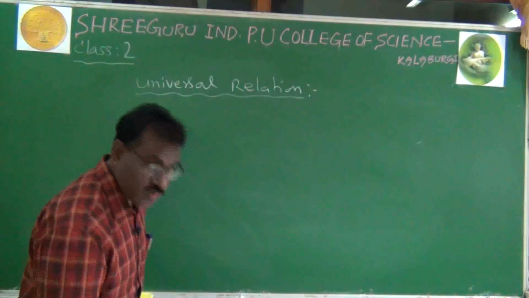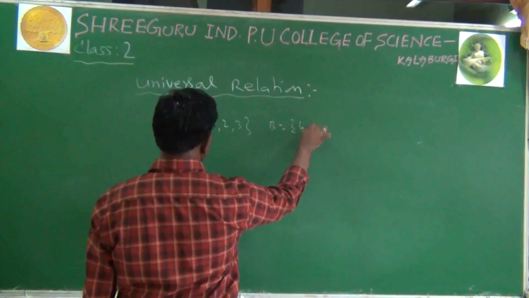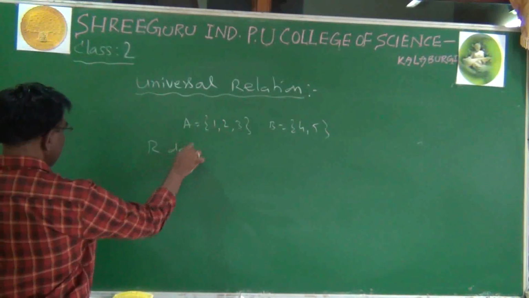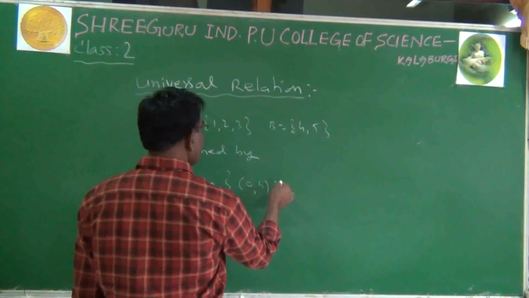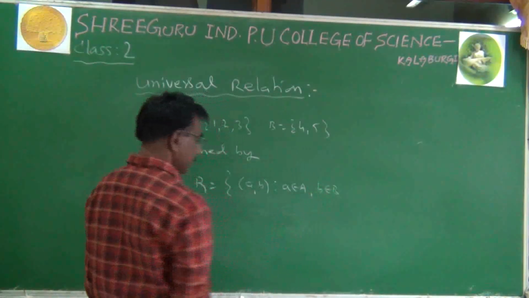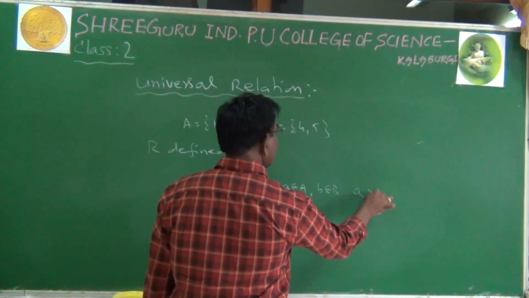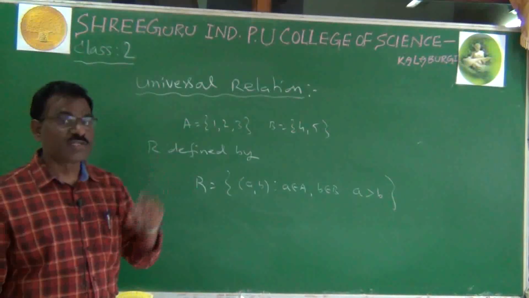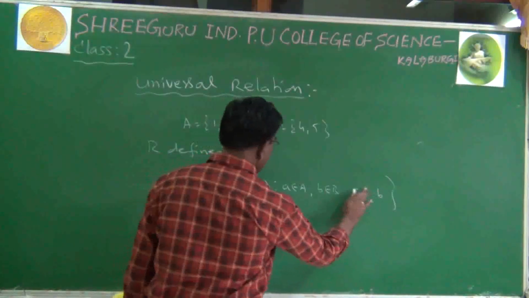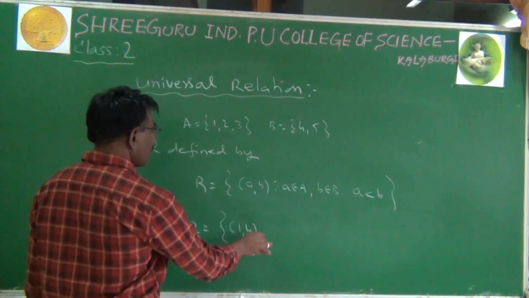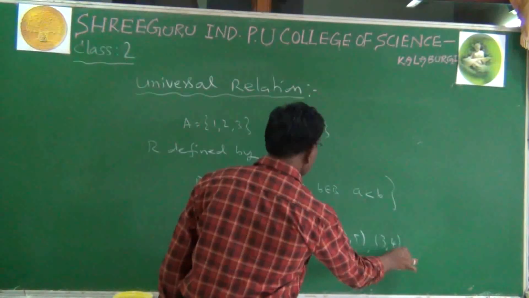I'll explain one more example using set A with values 1, 2, 3 and B equal to 4, 5, and R is defined by R equal to (A, B) such that A belongs to A, B belongs to B, and A is less than B. So 1 comma 4, 1 comma 5, 2 comma 4, 2 comma 5, 3 comma 4, 3 comma 5.